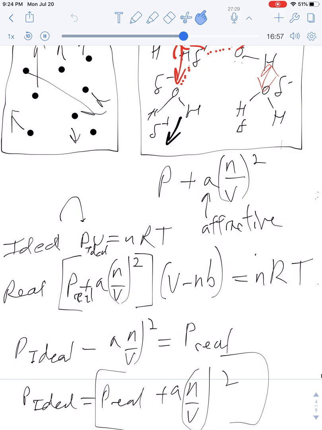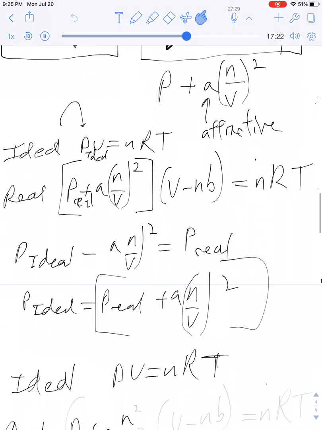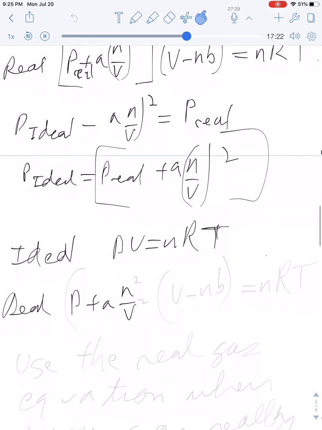Oh, I forgot to say why n over V. So the attraction is going to depend on how many gas particles. So if you have more gas particles in your container, you're going to have more attraction. So that's why the n is a part of the equation.